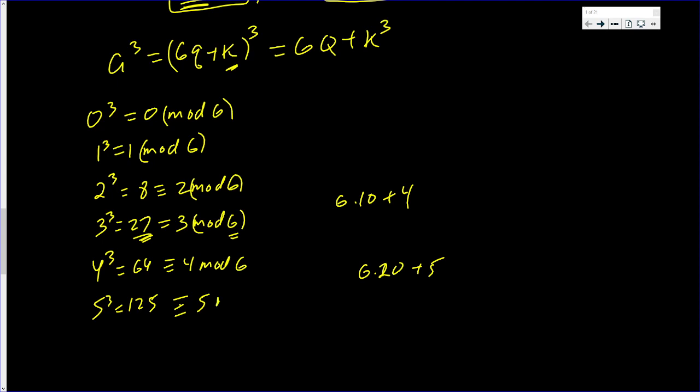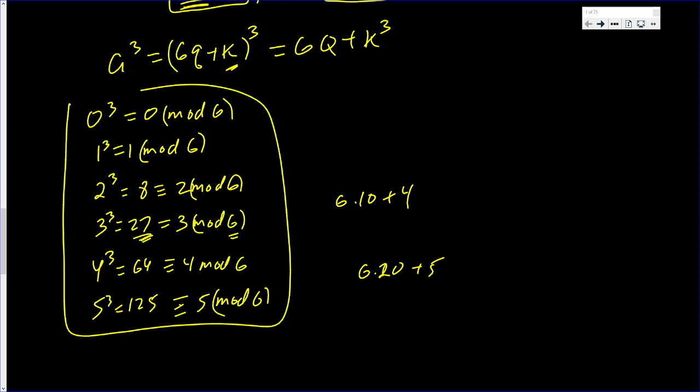So the remainder is 5 mod 6. 0 cubed is 0, 1 cubed is 1, 2 cubed is 2 mod 6, 3 cubed is 3 mod 6.